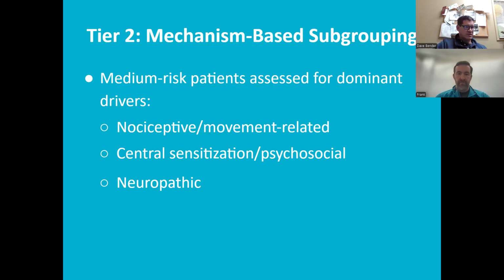Central sensitization is more in the category of a central neural driver, where the neural system itself is ramped up, either at the dorsal horn, where you're getting increased collateral recruitment so that what is normal input is now being perceived as pain, or it is up-ramped somewhere within the central nervous system as the signal is transferred onward and upward.